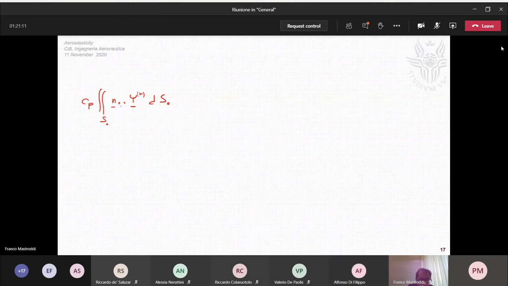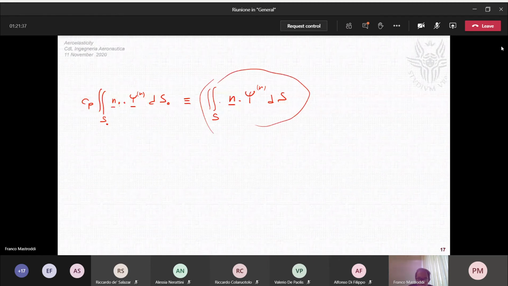But this integral is equal to the integral in the deformed configuration with the deformed normal, not n0, the field of the mode ds. And therefore this, which is the quantity you are interested in, is equivalent to this. And therefore, you can consider that 0 normal together with the 0 surface. And this is consistent.